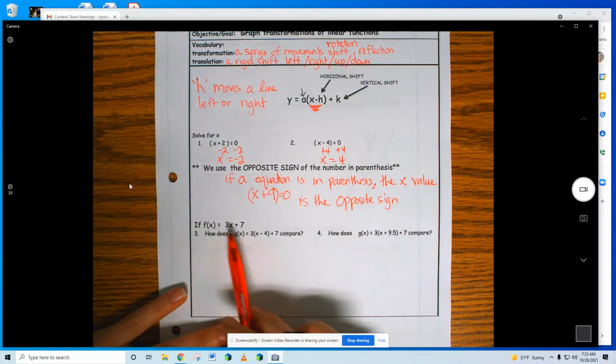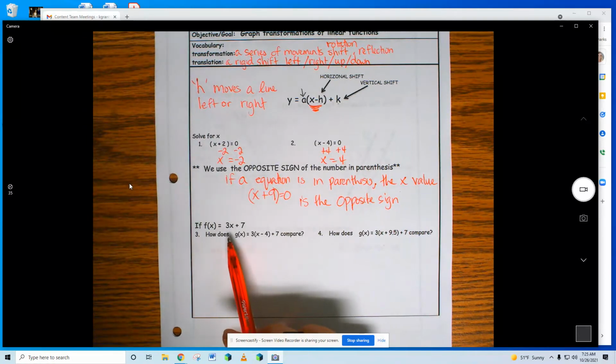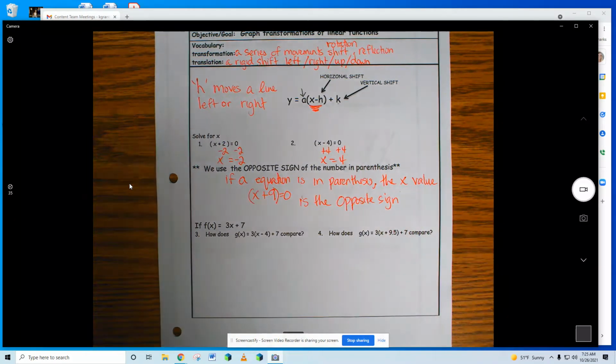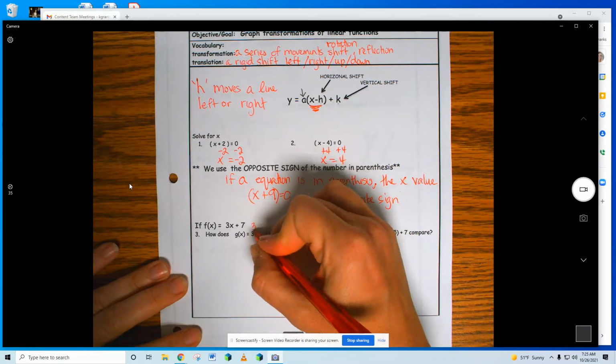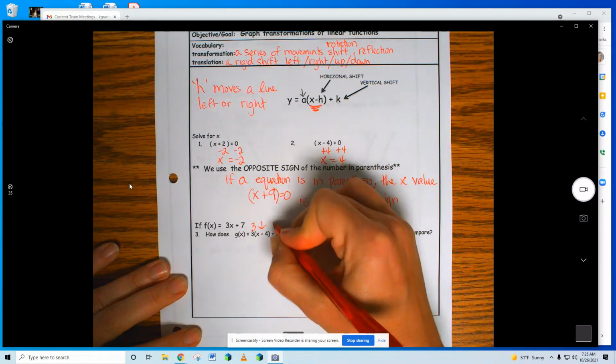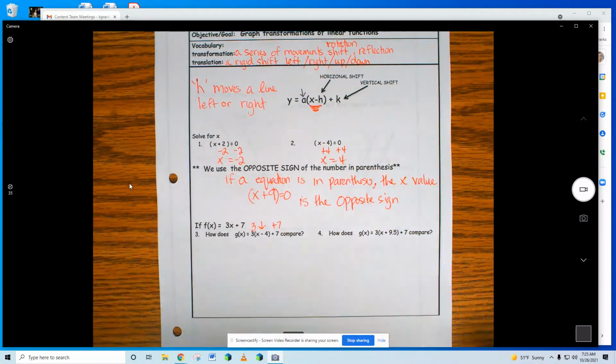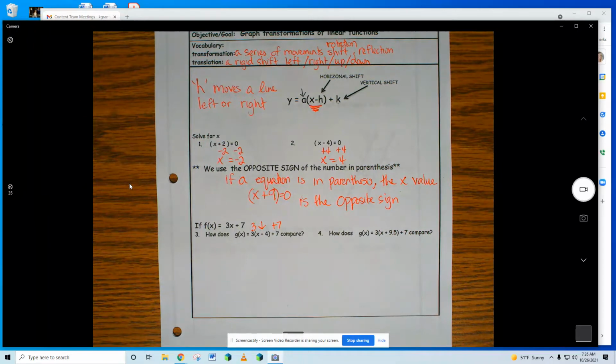Here's a function, 3 times the quantity x minus 4, plus 7. I'm looking at this parentheses, and it says x minus 4 in it. I'm only looking at the parentheses today. But if I were to solve for x, I would have to add 4 to both sides, right?